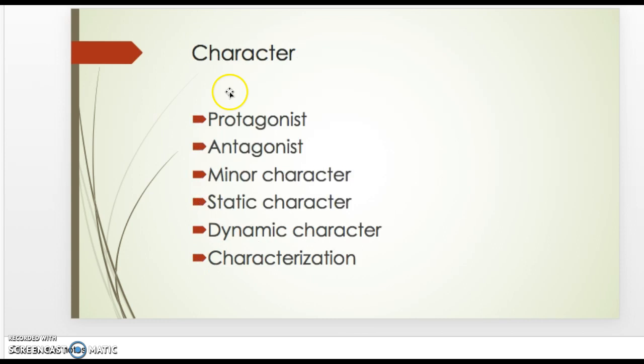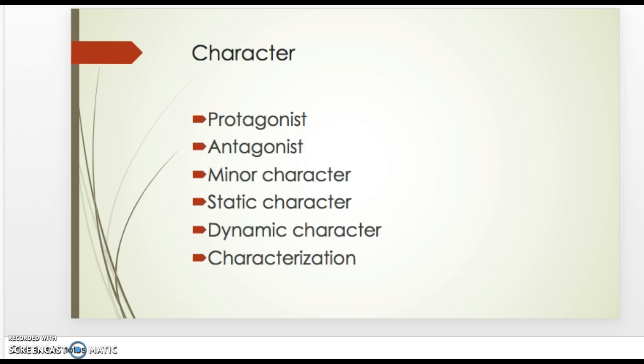Some of these I'll go through relatively quickly because these are things that you are already pretty aware of from the previous study that you've done and some of the things that we've done. So protagonist is the main character, usually seen in a positive light.